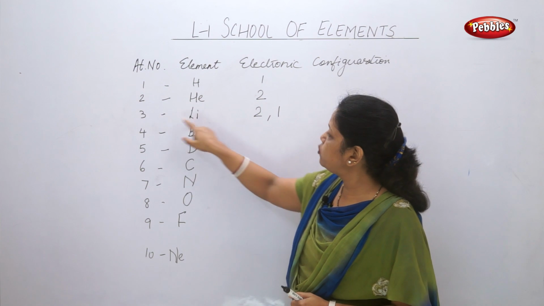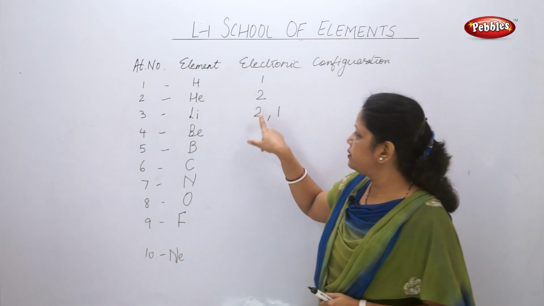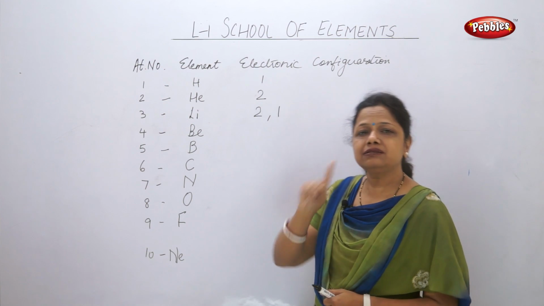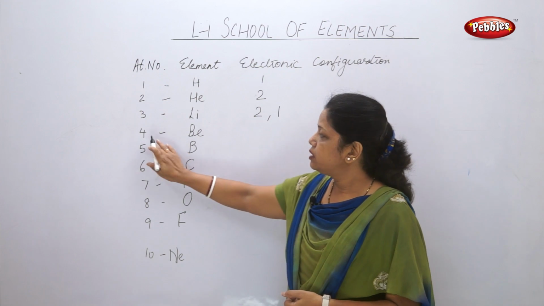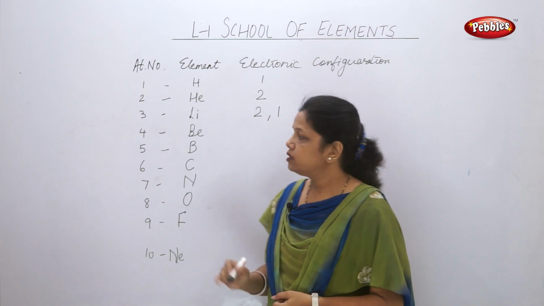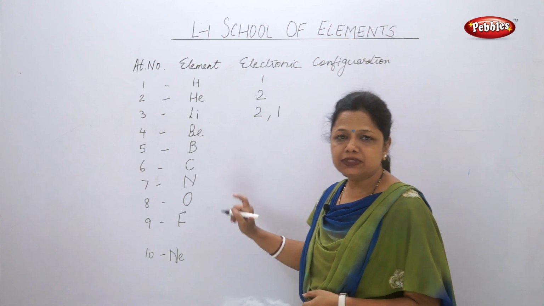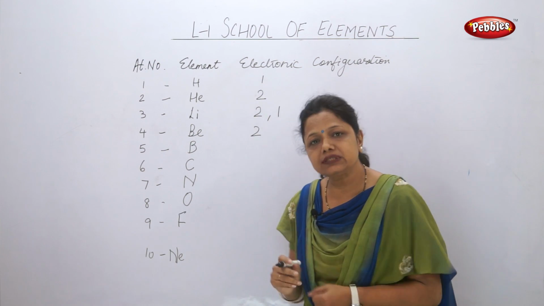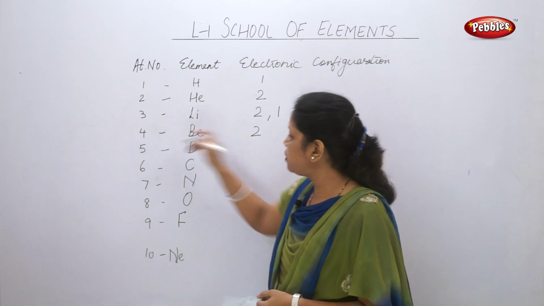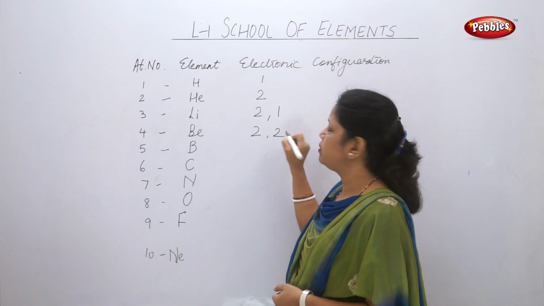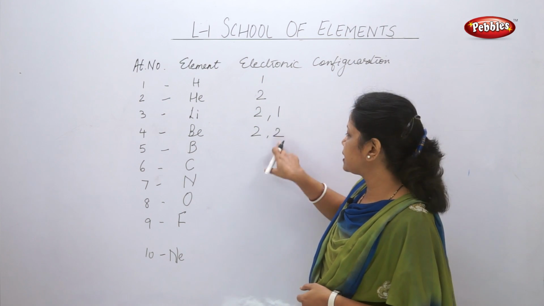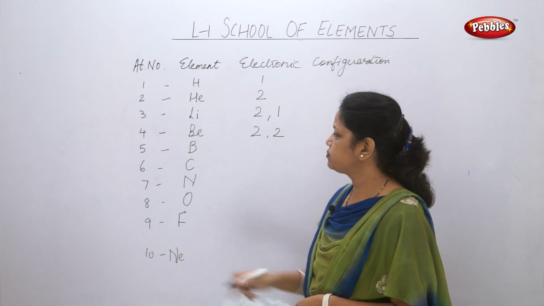But since I have only 3, I can divide first shell has 2 electrons, second shell has 1 electron. 4 is beryllium. So how will I divide? First compulsorily I have to put 2 because the 2 electrons goes in the first shell. How many are left now? 2. So second will have 2 electrons. First shell will have 2 electrons, second shell will have 2 electrons.